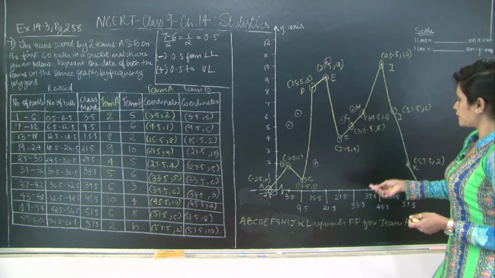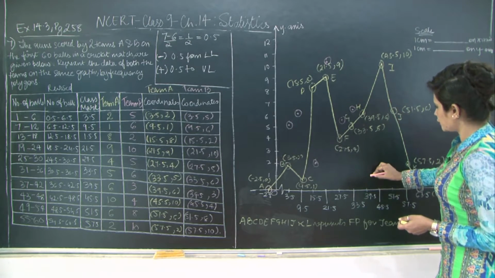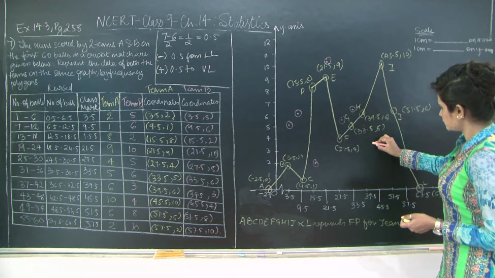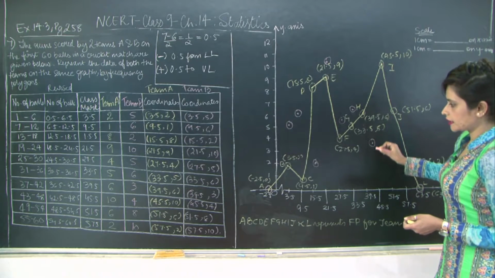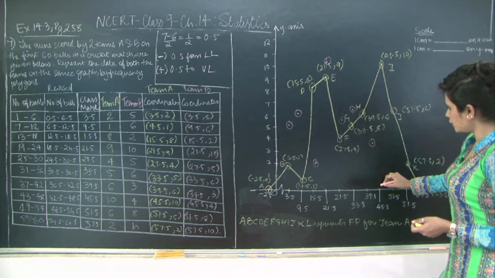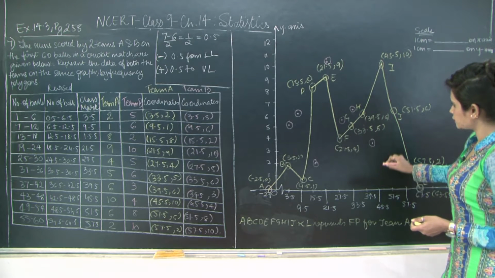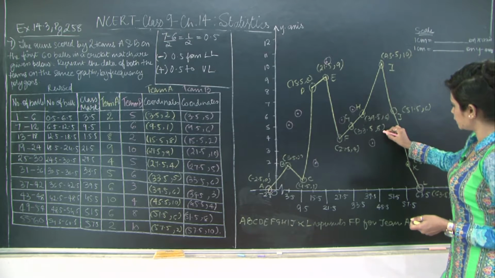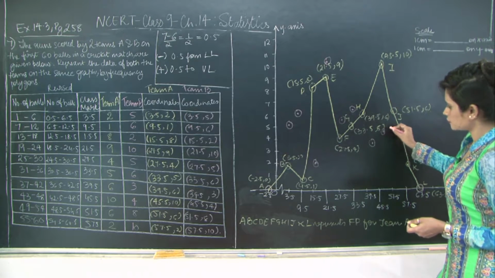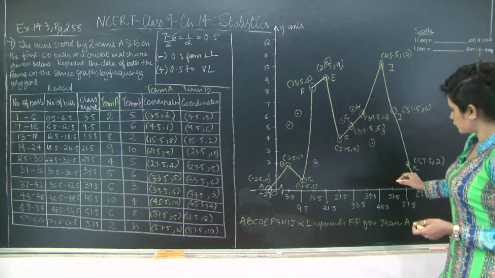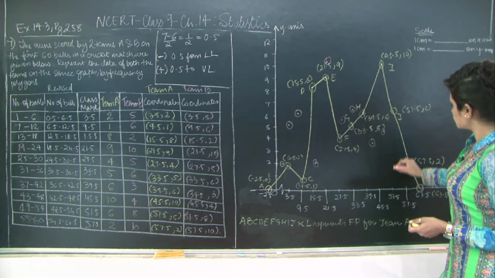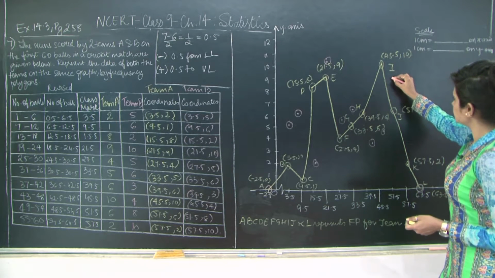Then 39.5 comma 3. Then there is 45.5 comma 4, which will be here. Then 51.5 comma 8. So let's go upwards.